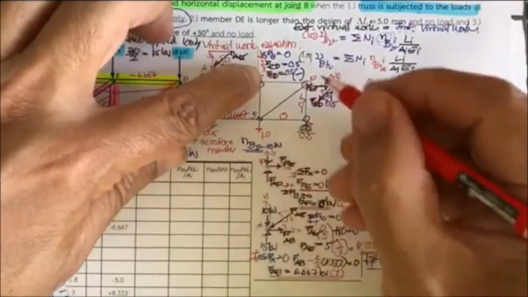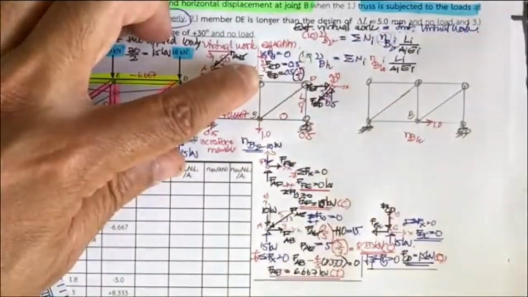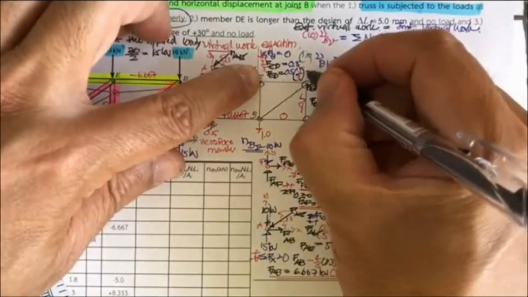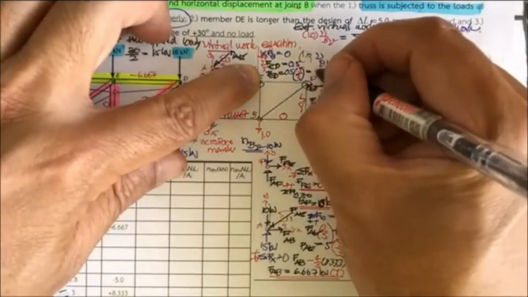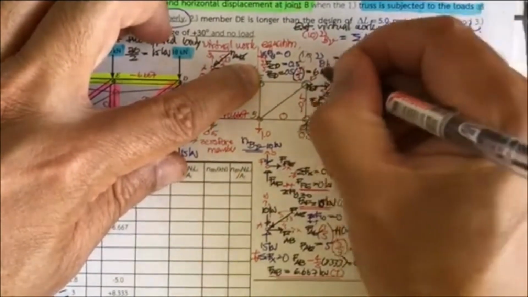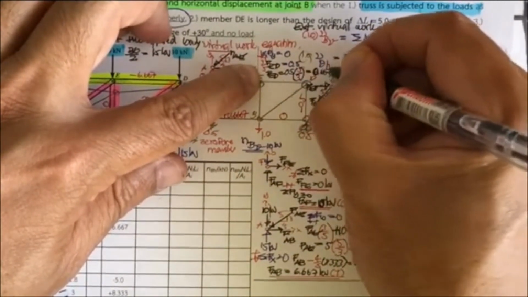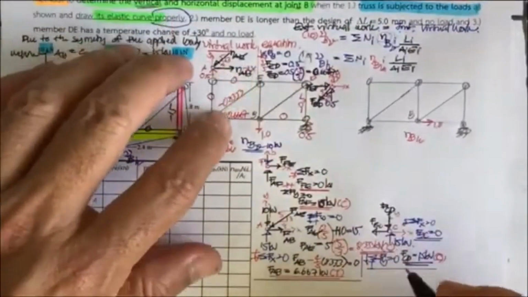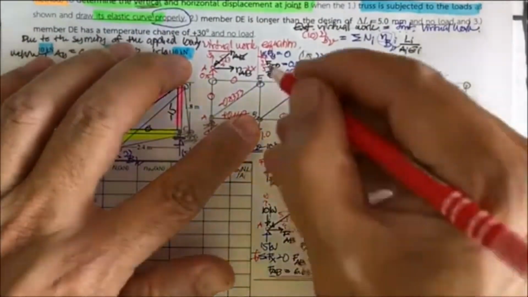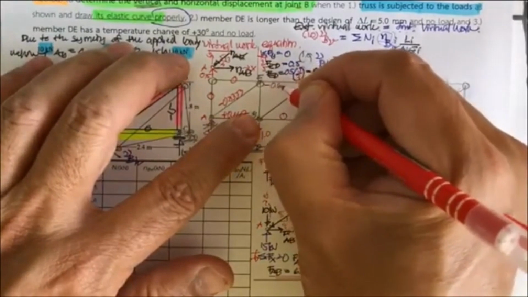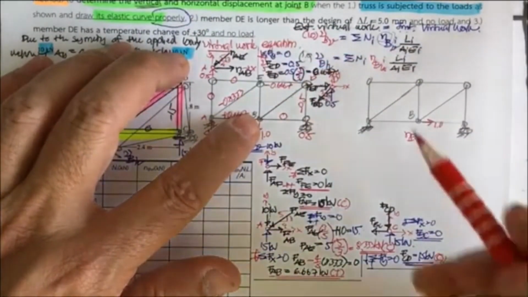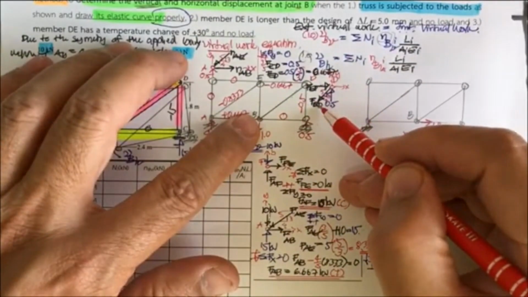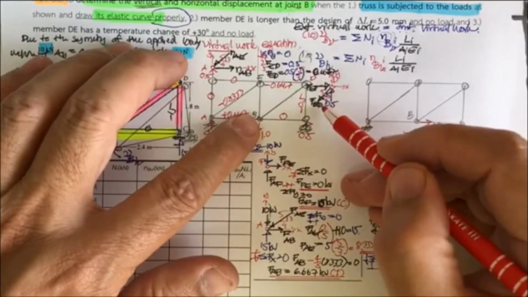The 5 is going to be up, times 5 over 3. So you got 0.6667.